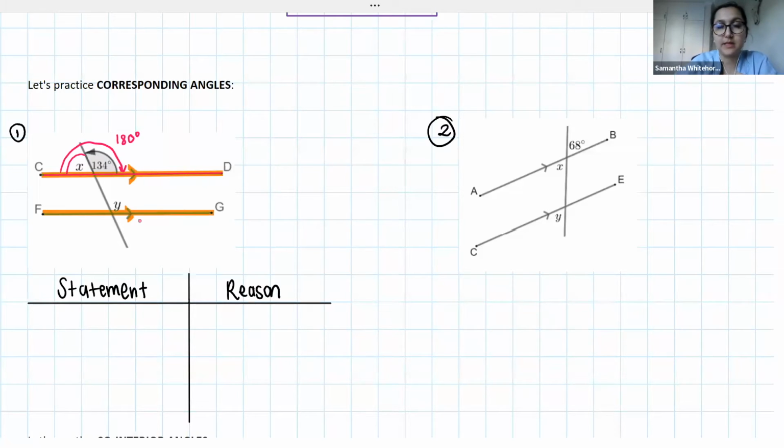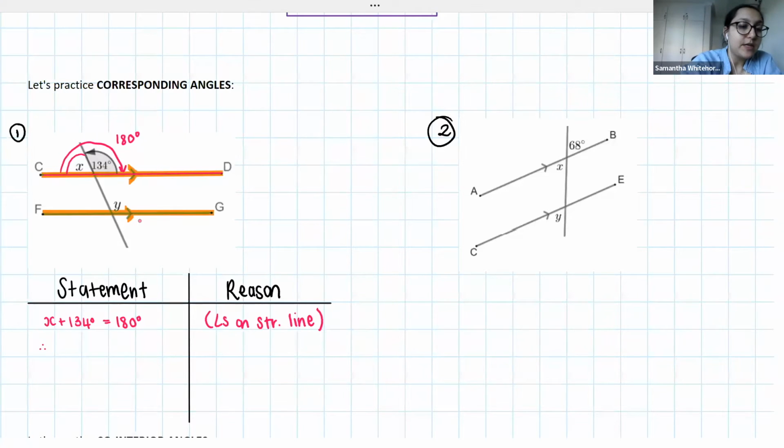And so what that means is I can use reasons we've previously learned in order to work out X. So we can make a statement that X plus 134 degrees must equal 180. I know that's true because of angles on a straight line. Remember, you can use the symbol for angles, or you can abbreviate straight, that's fine.